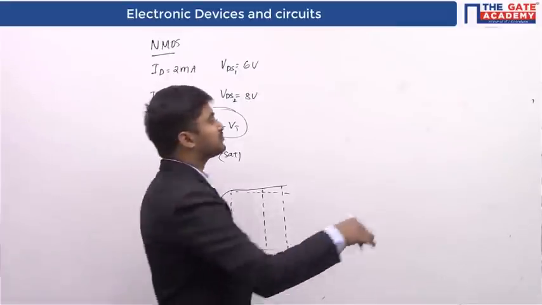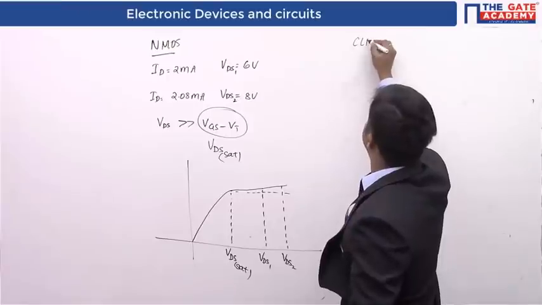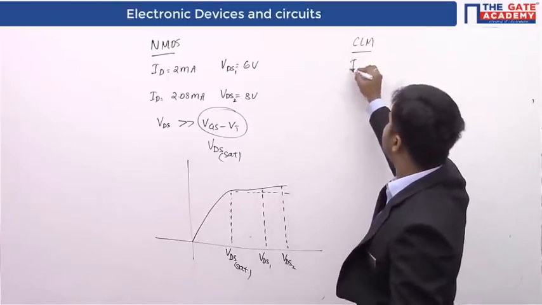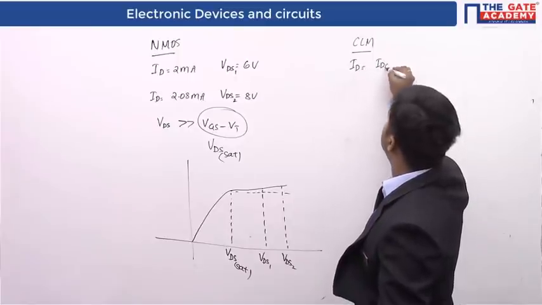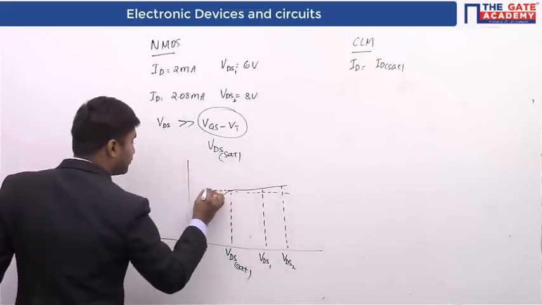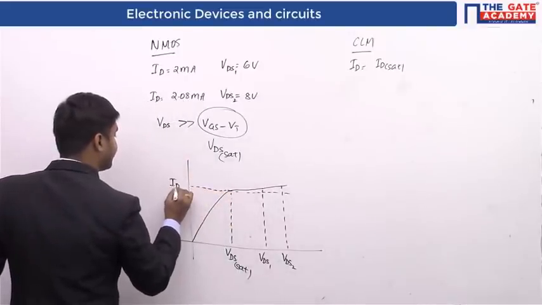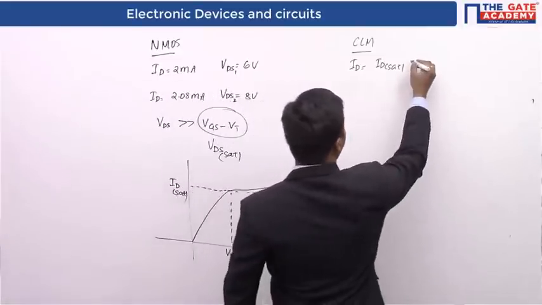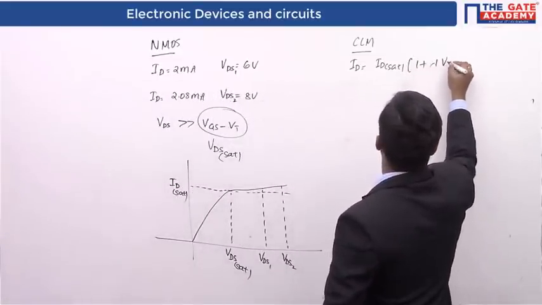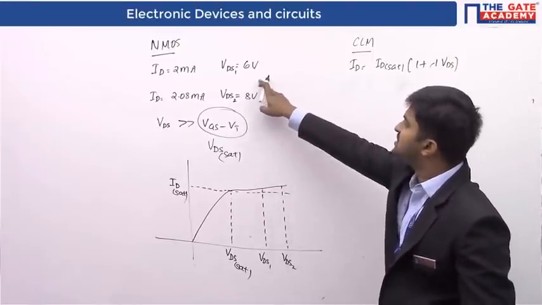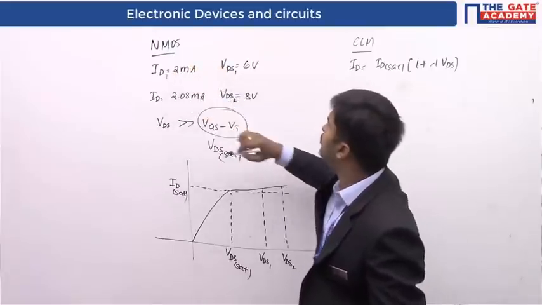If we consider the channel length modulation, then the drain current is the drain saturation current, the current you have at VD sat, multiplied by 1 plus lambda VDS.